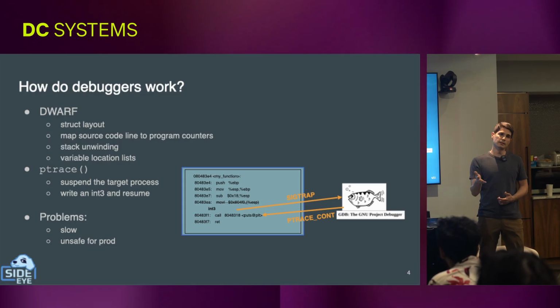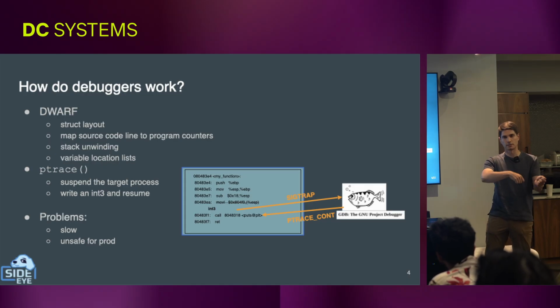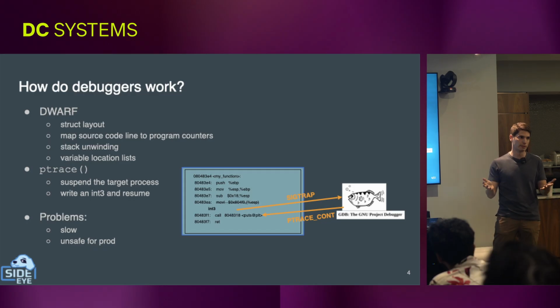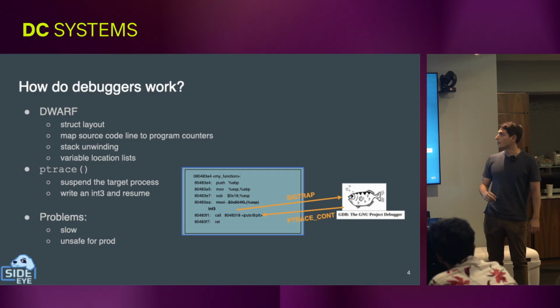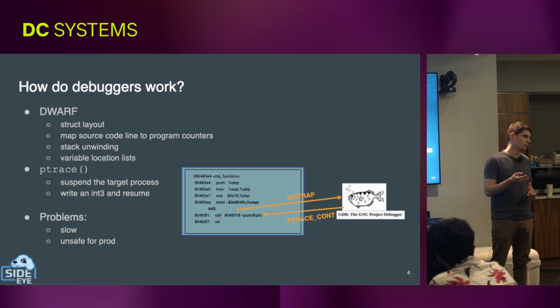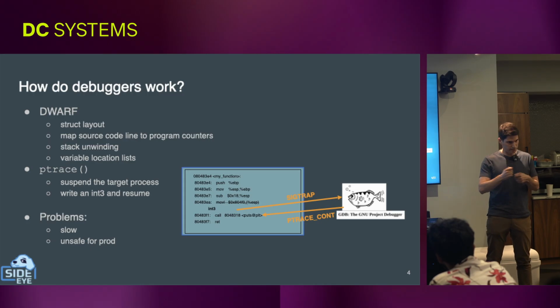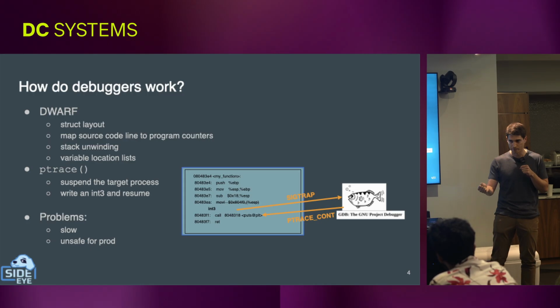Now, the other big thing that the debugger does is let you place breakpoints, right? So debuggers let you interrupt the execution of a target program and give control to the debugger so that you can, well, do a bunch of stuff, for example, look through the memory of the program. The way debuggers do this on Unix is generally through this kitchen sink type of system called ptrace that intermediates a lot of communication back and forth between the debugger and the debuggee.